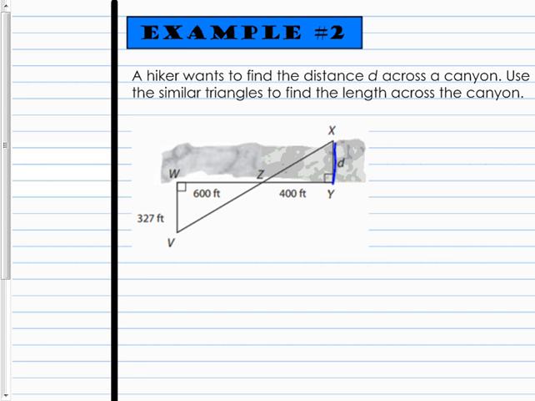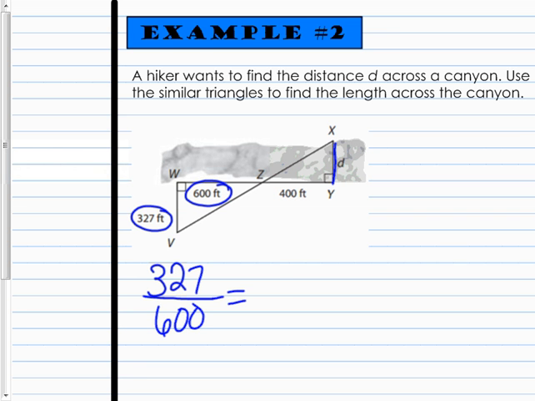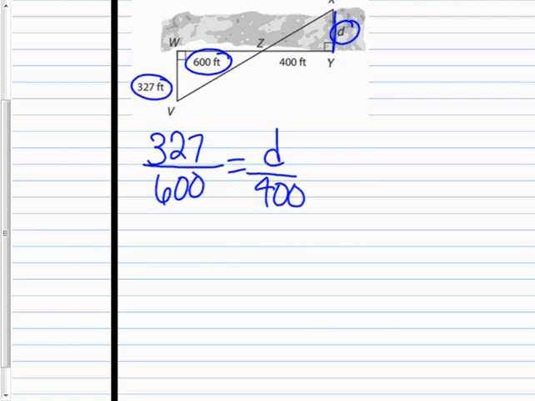So I'm going to use a proportion, 327 over 600 equals D over 400. And there are multiple ways you can set up the proportion, as long as however you do the first fraction, the second fraction needs to follow the same pattern.